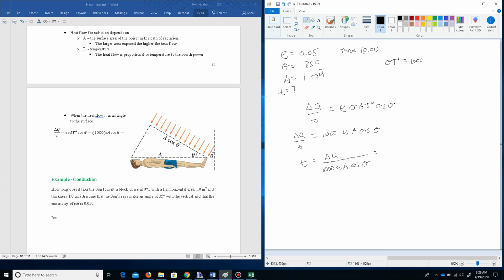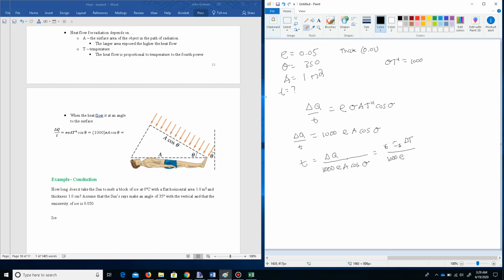This delta Q is going to be the mass times the specific heat, dealing with ice, right? Yes, ice, times our change in temperature over 1,000 E. I'm sorry, I'm using the wrong thing.